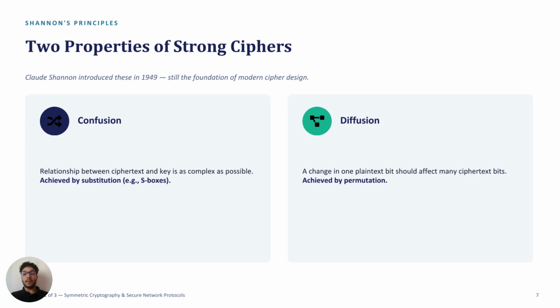This is typically achieved through substitution, like an S-box. Diffusion means that changing a single bit of the plaintext should change, on average, half of the ciphertext bits. This is achieved through permutation. Every modern block cipher, DES, AES, and beyond, is built around these two principles.